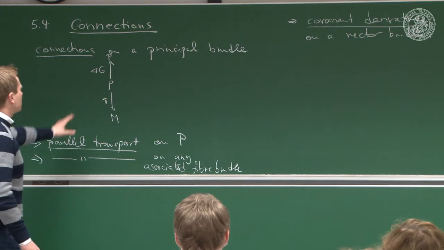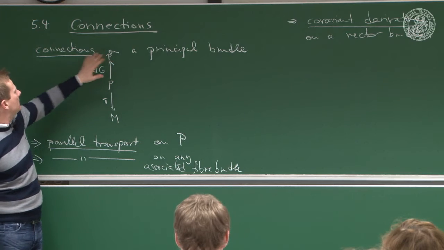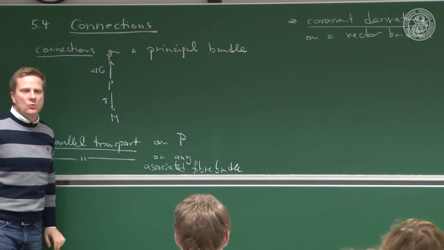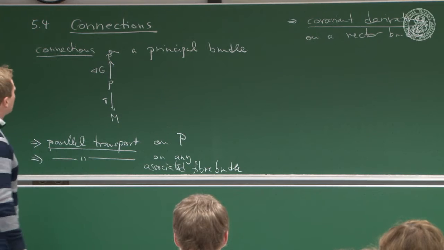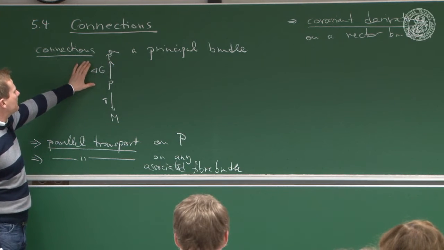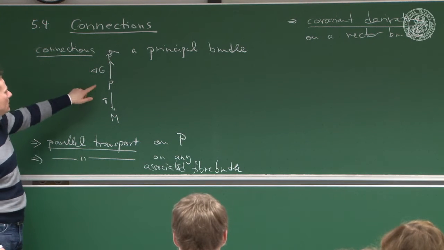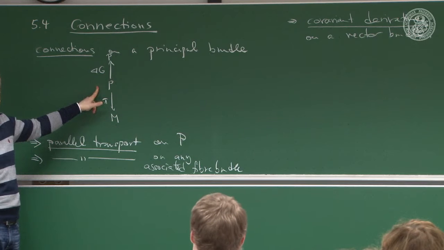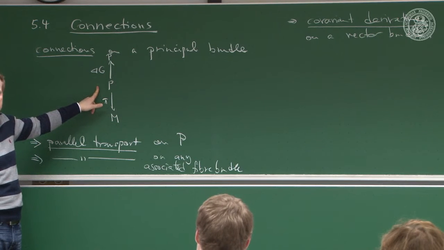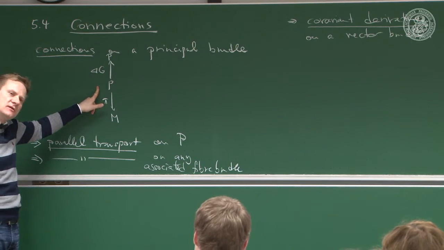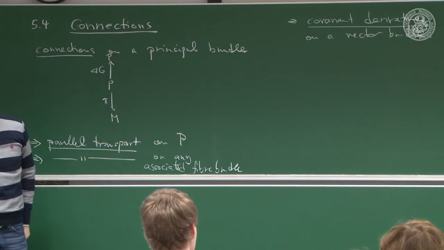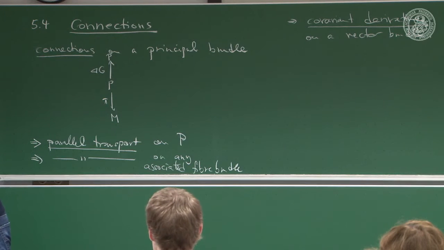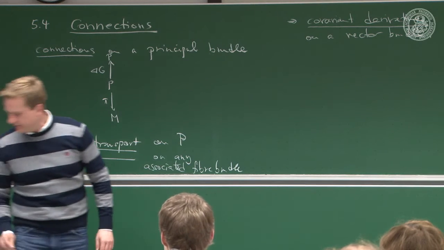But abstractly speaking, the connection is just a one-form on the principal bundle. However, we're now going to start defining what a connection is, and we will not immediately define it in terms of a one-form. We'll define it differently and only see that this is equivalent to choosing a one-form with particular properties.